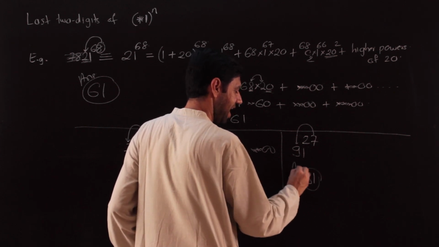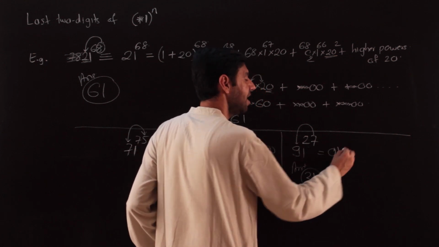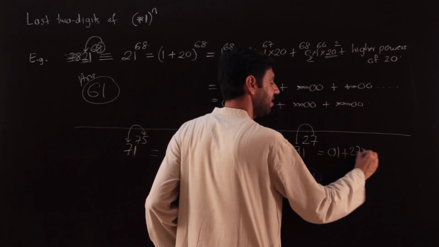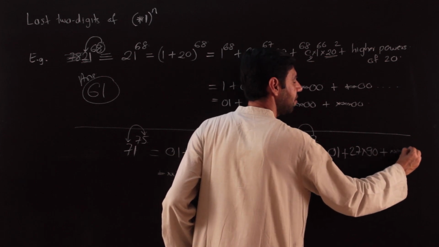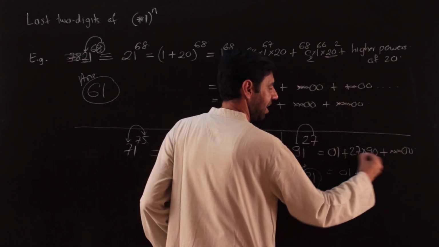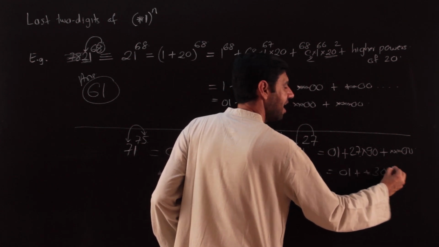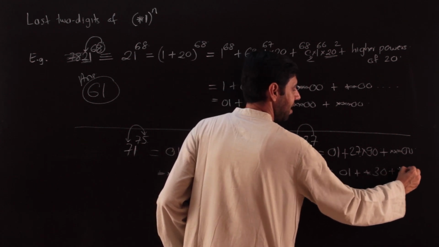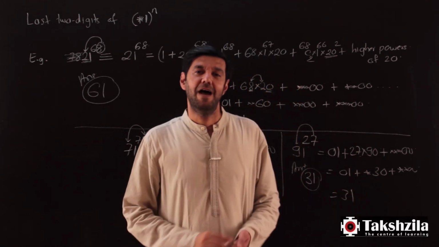This is going to be my answer, but this should come out from 01 plus 27 into 90 and further numbers which have two zeros in the end, right? So this will become 01. The last two digits of this is going to be 30 and so on, right? So 30 and a 1, 31. Next time.